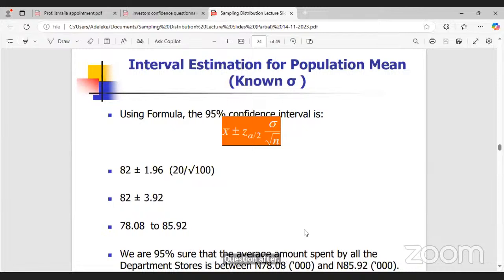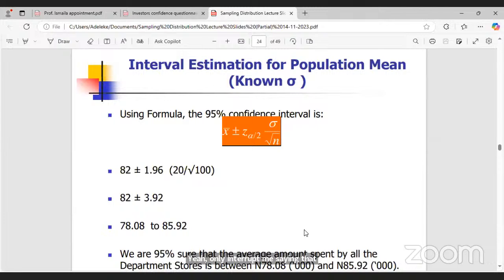Adeife. Good morning, sir. Regarding the Z alpha divided by 2, you said 0.05. How did we get it? Okay. You see, 95% confidence translates to 5% error. If you say that you are 95% confident of something, you are indirectly saying that you are 5% not sure of it.